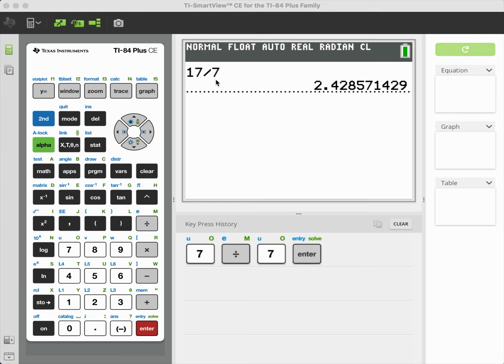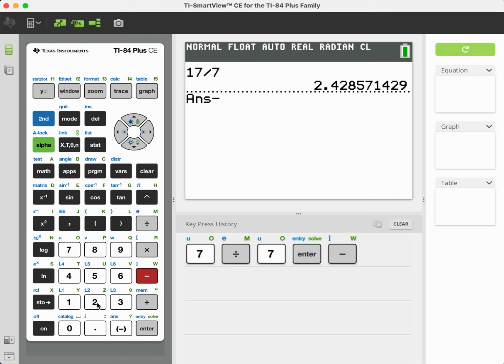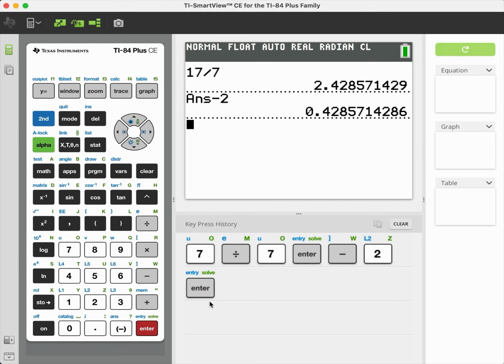I know where this came from, but let's pretend we don't. So we need to convert this number back to a mixed number. Well, first of all, you know that the integer part of the mixed number is 2. So let's subtract 2 from this number, and I get just the decimal portion now.